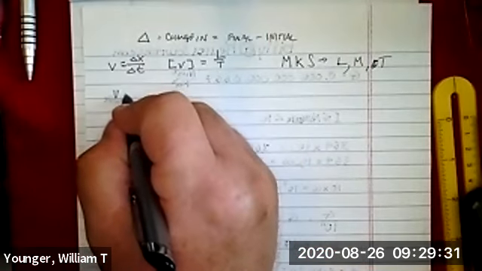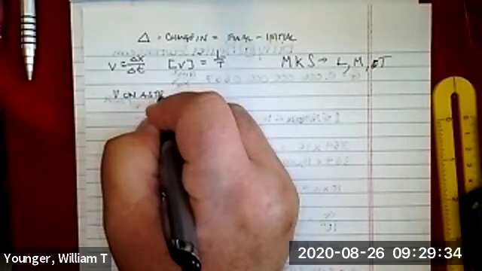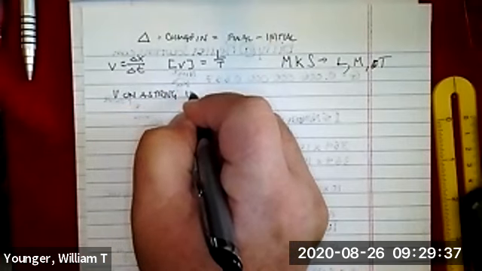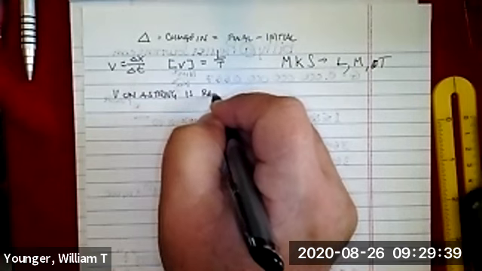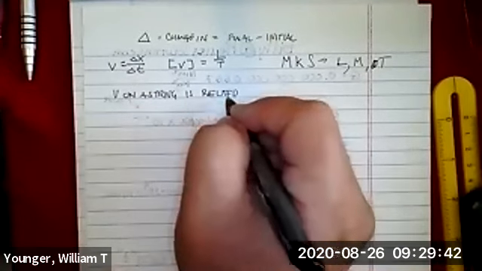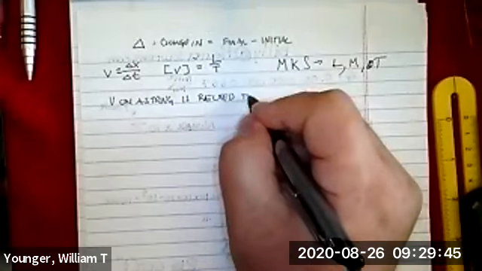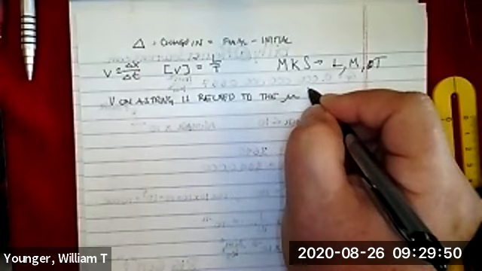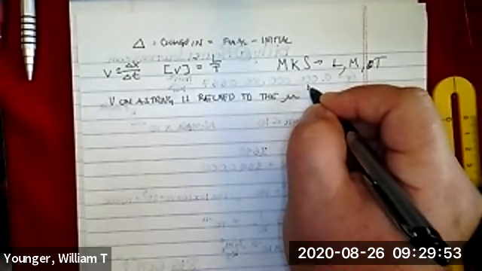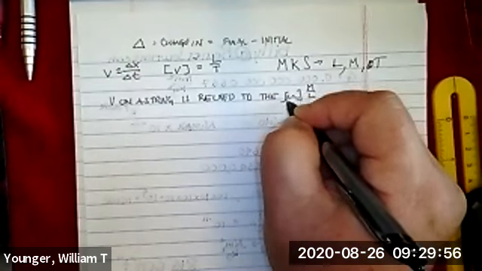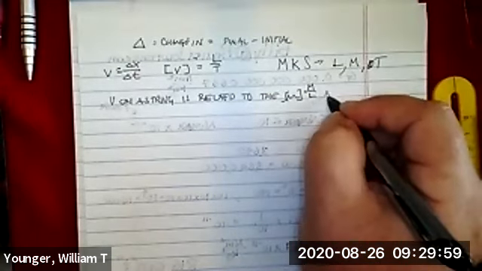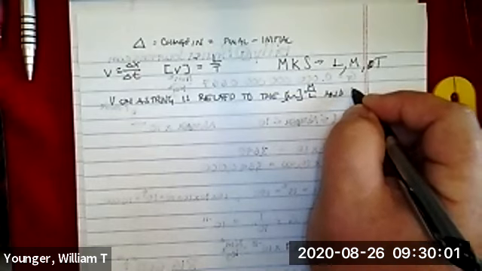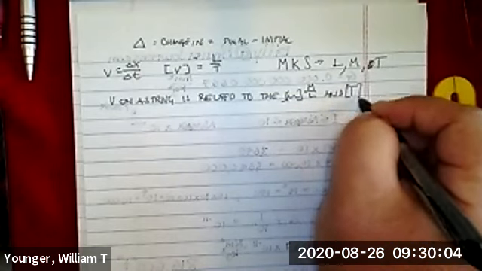So V on a string is related to mu, which is mass per unit length, and the tension in a string. Okay, those are the two parameters that I'm hypothesizing the velocity on a string is related to.